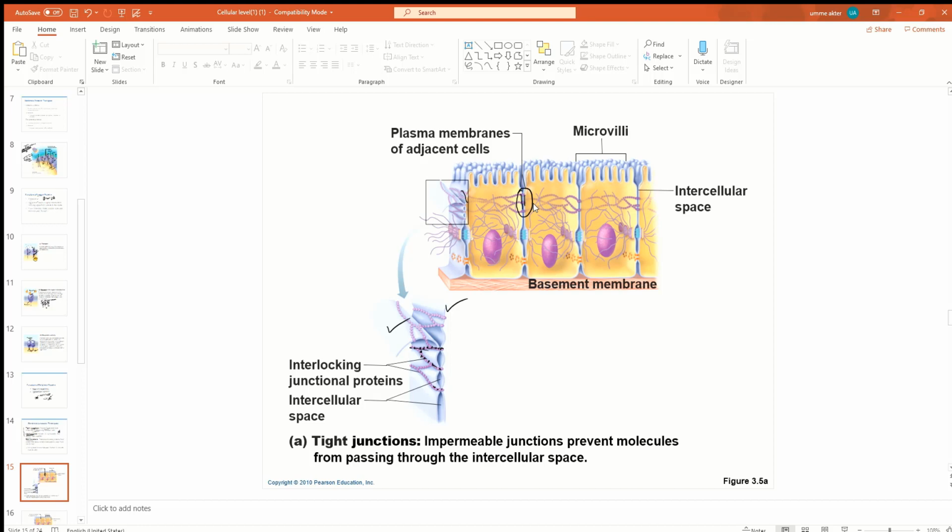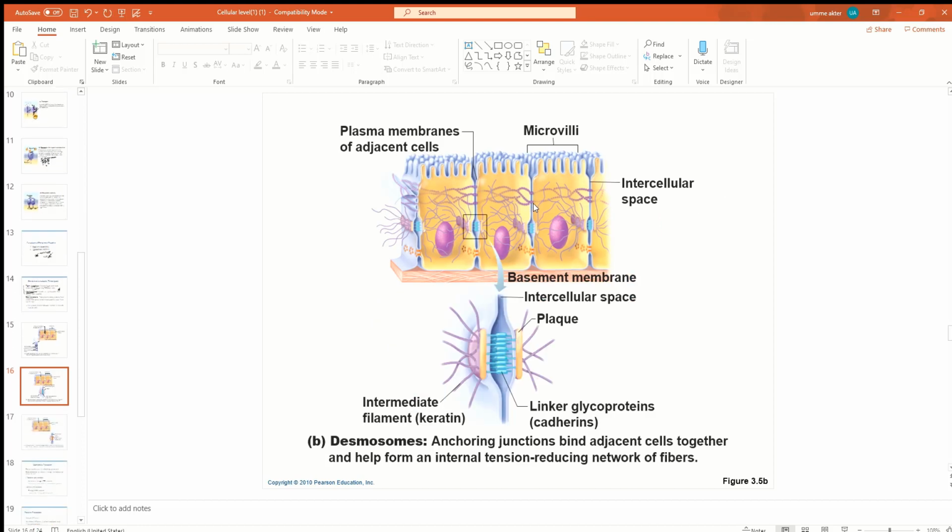Now next, the desmosome. You see, this is one cell membrane, this is another cell membrane, this is a desmosome. On the inner surface of the cell membrane of each cell you have the plaques, disc-like structures.